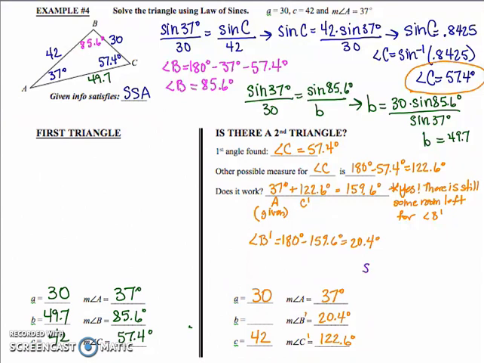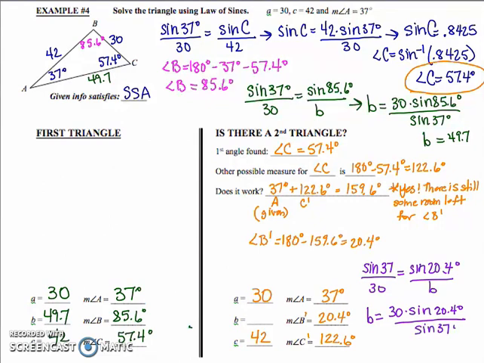Again, go back to the given. I'm going to go with sine of angle A, which was 37 degrees, over side A, which is 30. And that has to be equal to, now if we're trying to find our new angle B, then it's going to be the sine of 20.4 degrees over side B. Do the algebra to solve for B. We get that B would be equal to 30 times the sine of 20.4 degrees divided by the sine of 37 degrees.